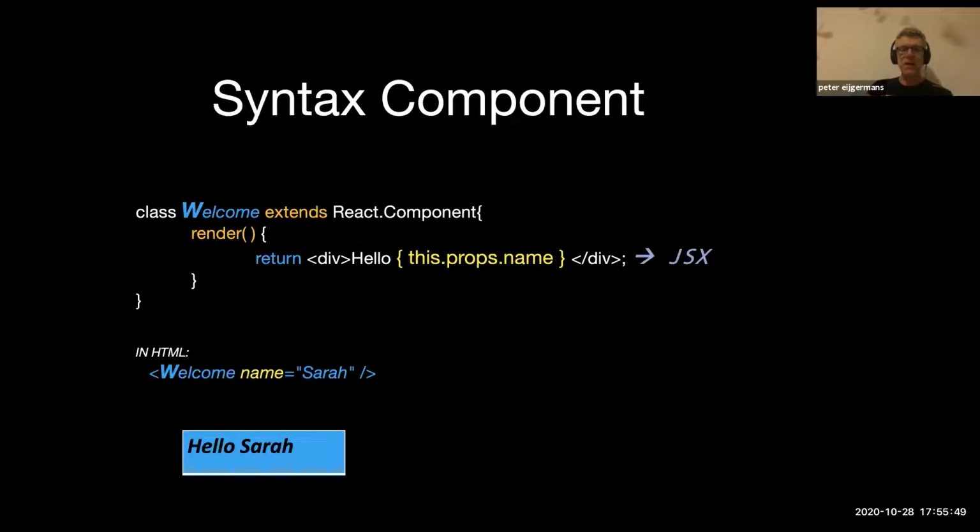You can combine HTML with JavaScript quite easily then. And what does this props name contain? In this example, it will contain the name Sarah, which I define in my HTML. So with this props, we can get the name, and we can render it.